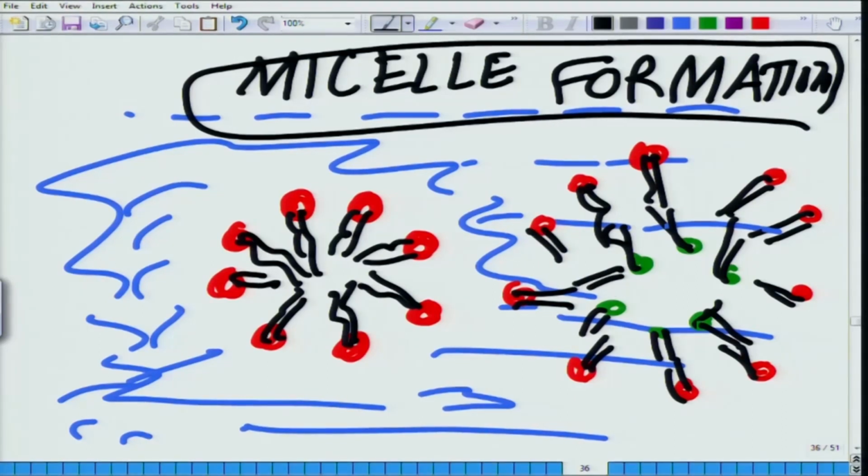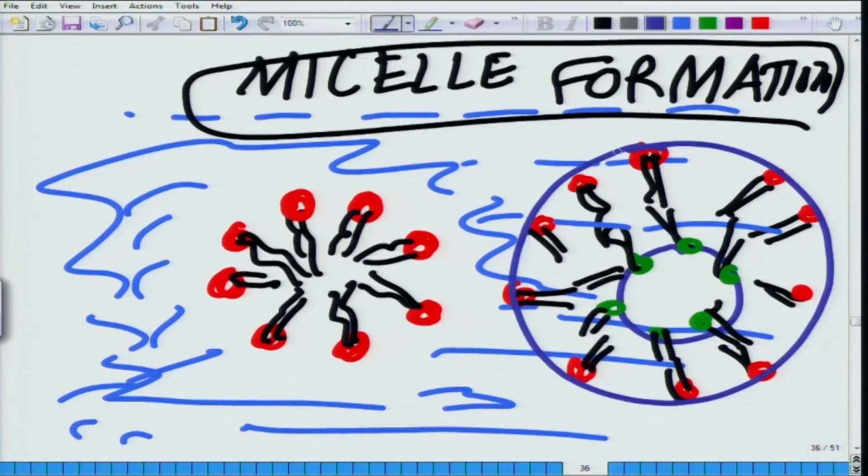Why did I draw it like this? In other words, the drawing I made was like this. Why was this not similar to a micelle? Why is it like this?